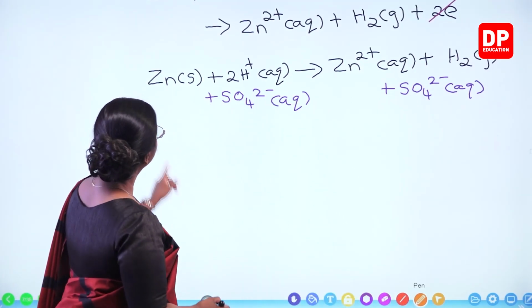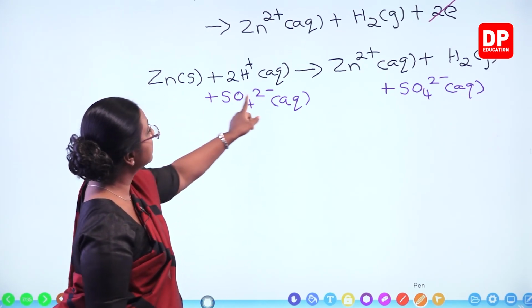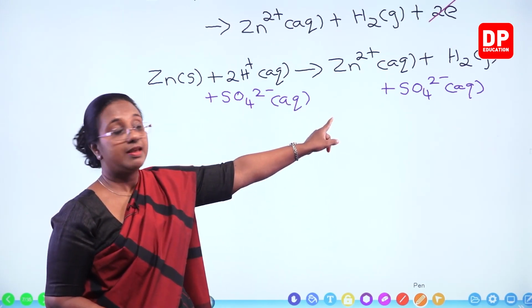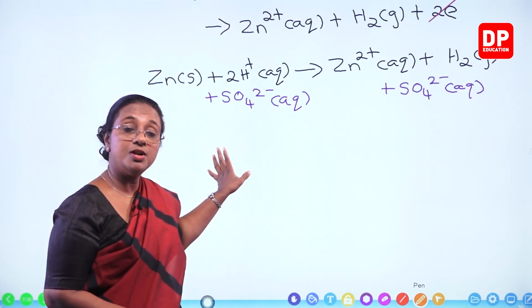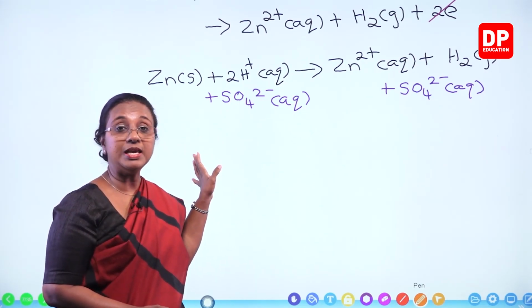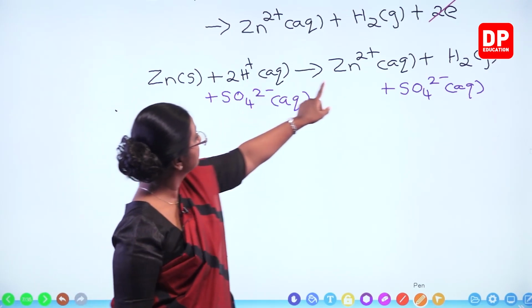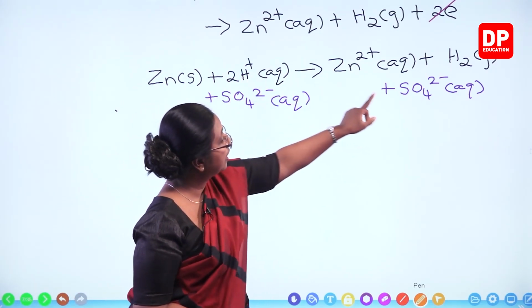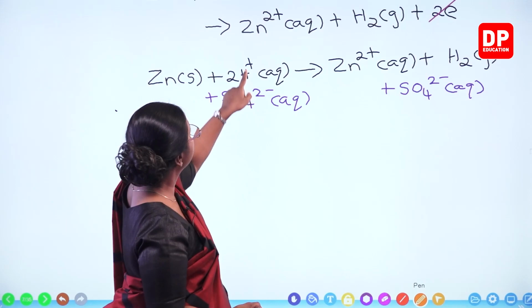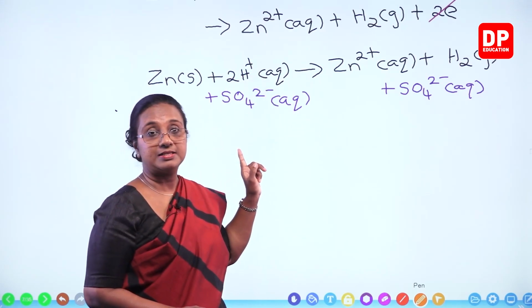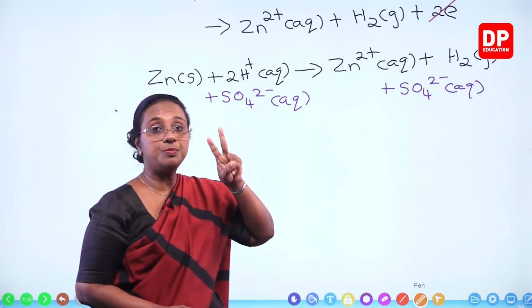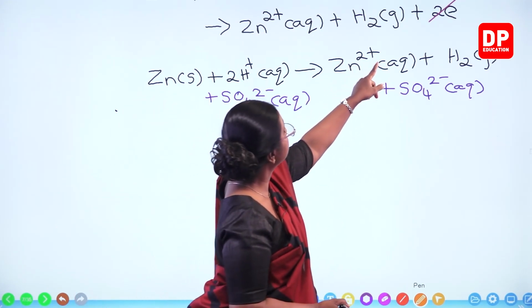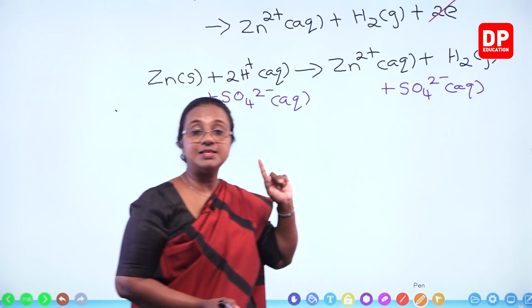Before that, if you look at this, this is a complete reaction, but here also we have charges. Now you all know a reaction has to be balanced. Zinc, 2H, H2, that is balanced, and the charges are also balanced. Here you can see 2 times H plus, so there are 2 positive charges, and on this side we have 2 plus charge.